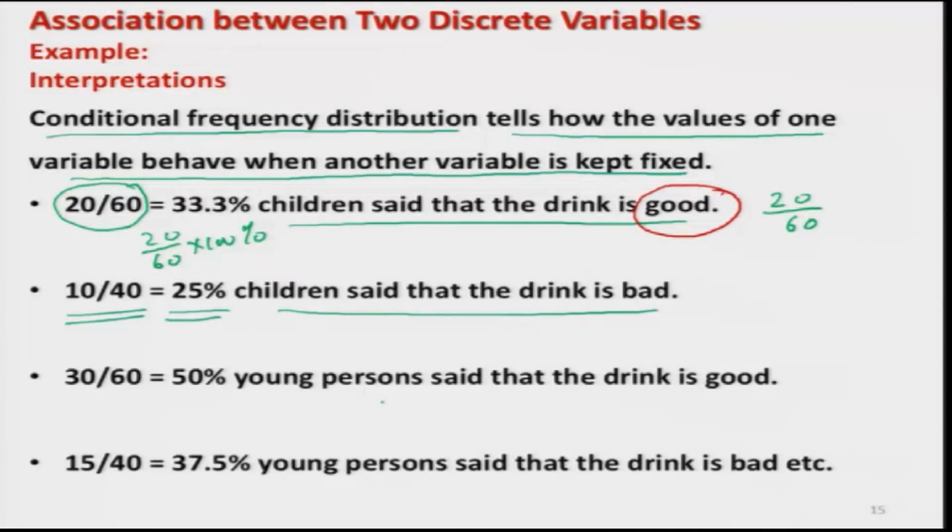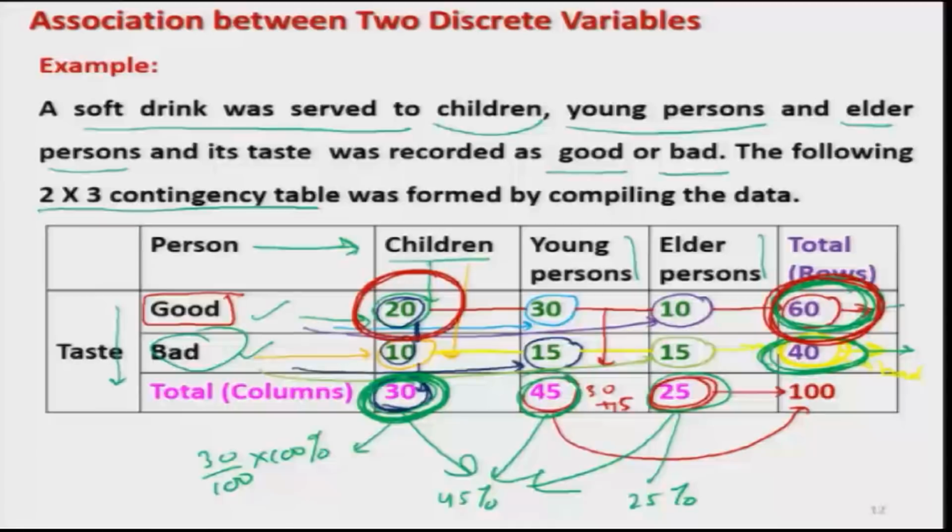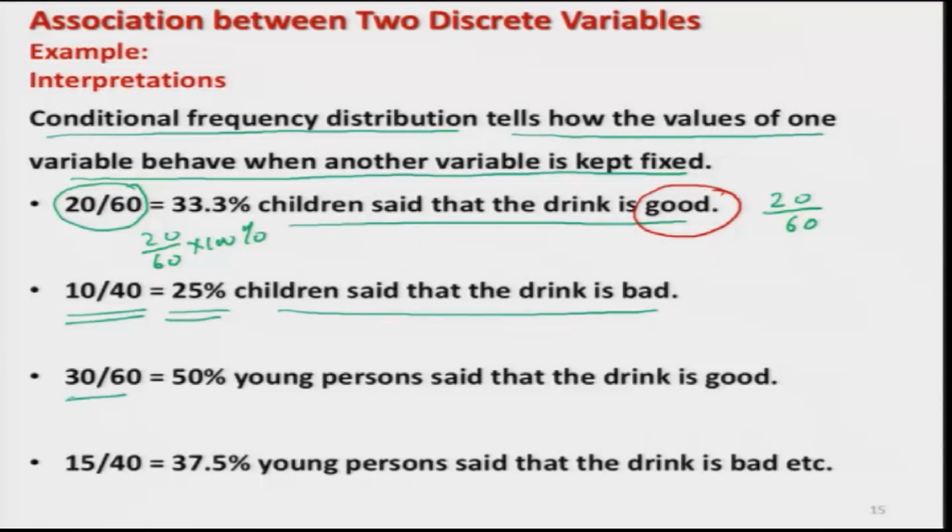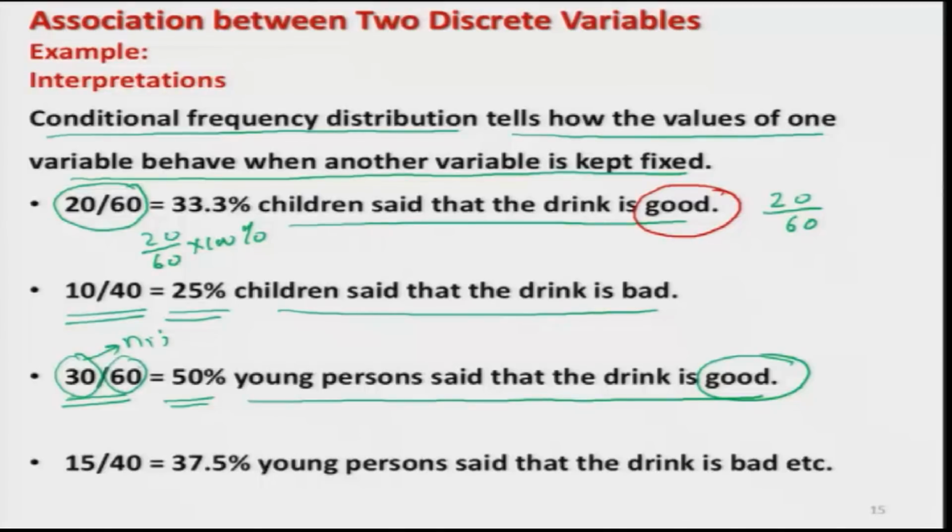And similarly, if I come to the columns, you can see that I take different values from here, and I say that 30 upon 60, which is equal to 50%, of the young persons said that the drink is good. So, I am again fixing the variable good, and then I take the frequency Nij divided by the marginal frequency.